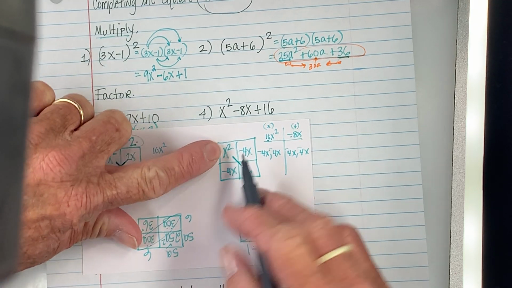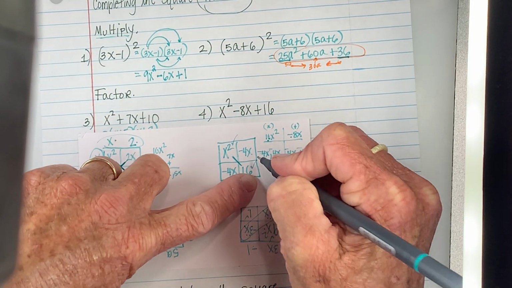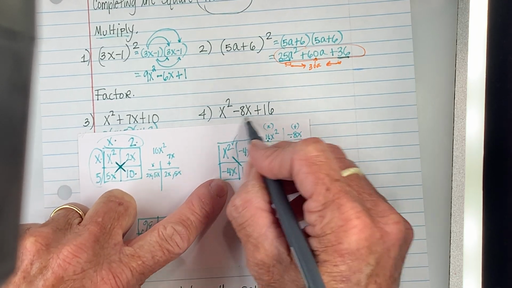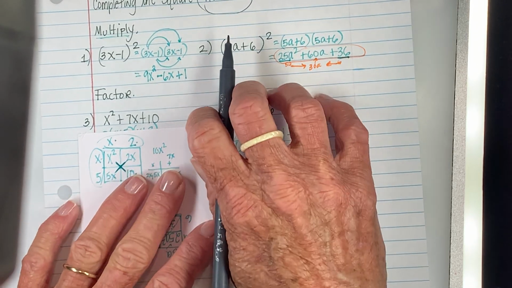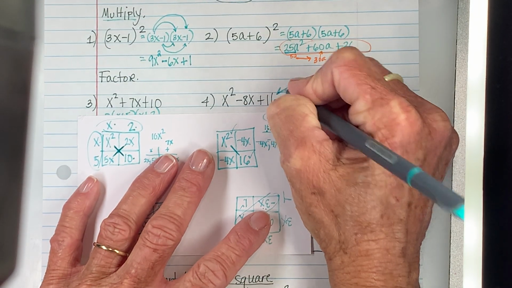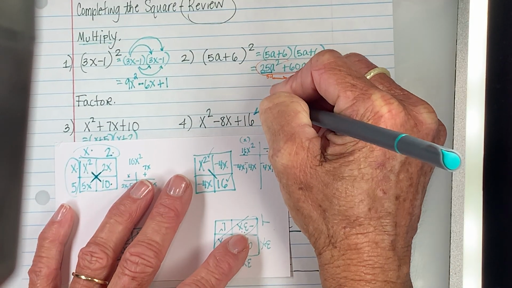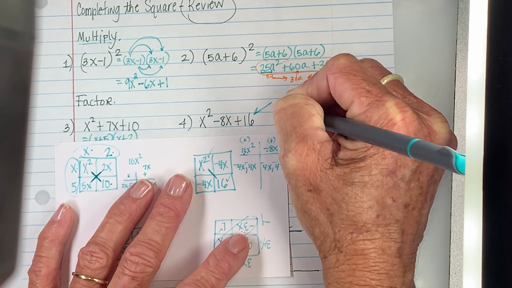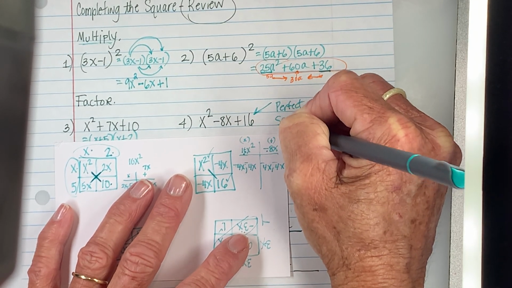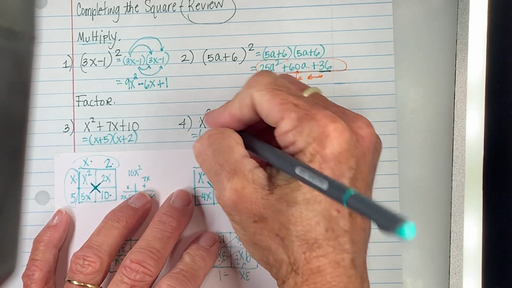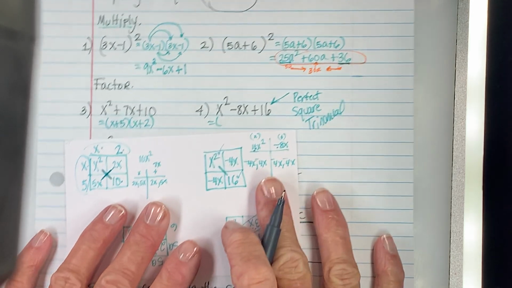So notice, perfect square, and these two things are identical. That tells me that this is going to factor like these first two problems that we worked. We call this a perfect square trinomial because all of those conditions were met. It factors into, let me just do that really quick.